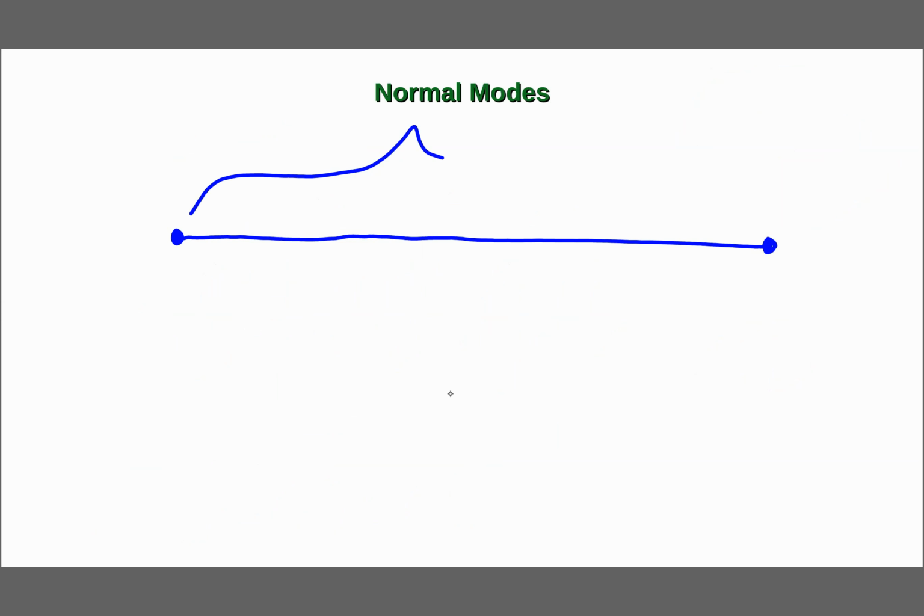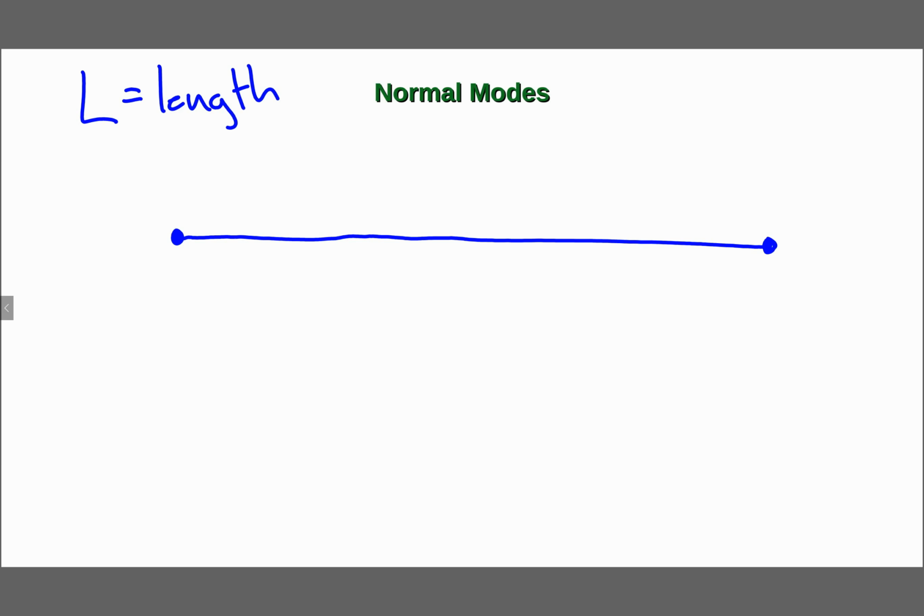So now, let's modify this again and think of a string that's fixed at both ends, okay? And let's say this string has a length L. So a lot of things that vibrate are fixed at both ends.